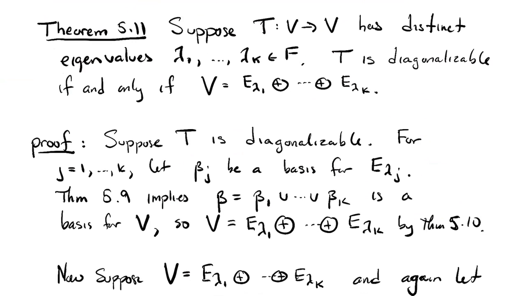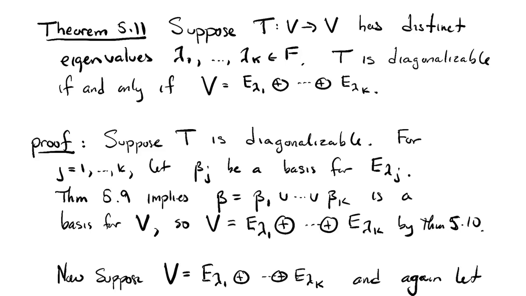Okay, so we're going to end this by saying, well, why bring this up right now? This direct sum gives us a different language to describe these eigenspace decompositions. Remember, we've already proved in theorem 5.9 that if an operator is diagonalizable, then if you union together the basis vectors for each of its eigenspaces, you get a basis for the entire space.